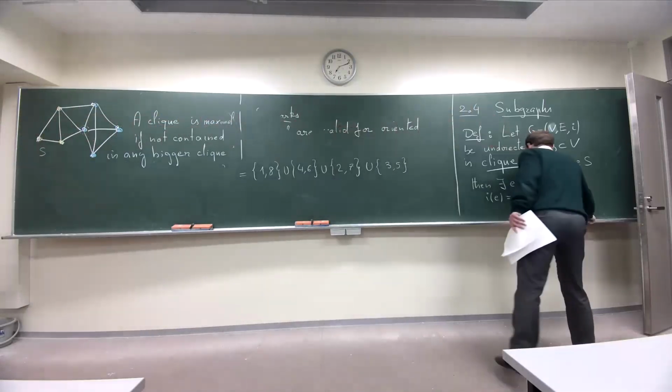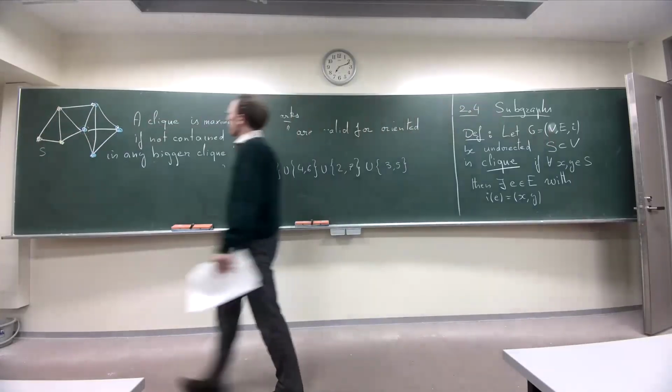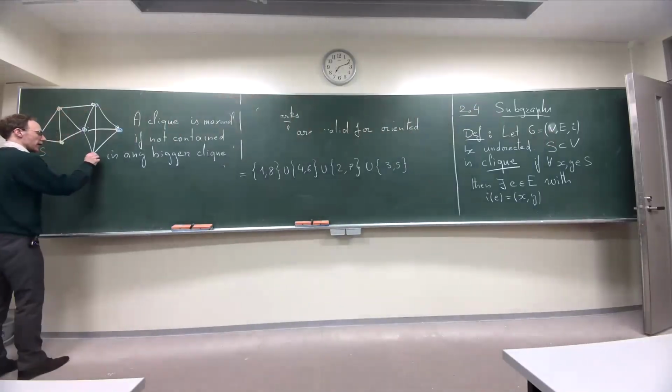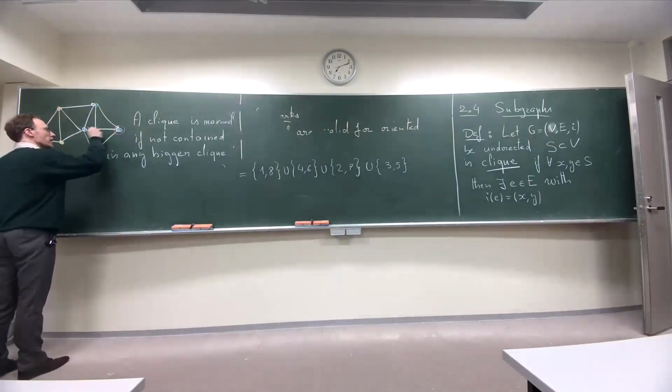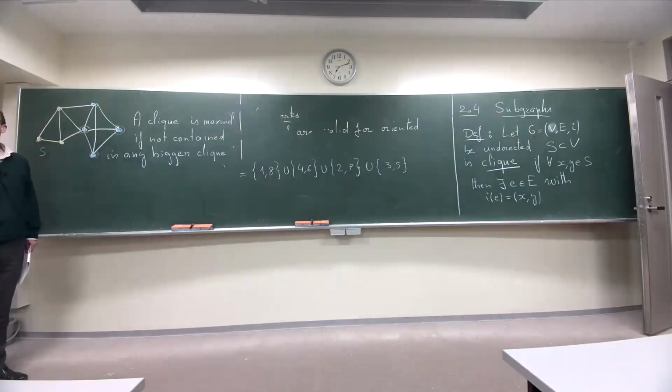What is a maximal clique? The blue one is maximal. On the other hand, the red one is not maximal because it's part of something which is still a clique, which is bigger. So we have this notion of maximal clique.